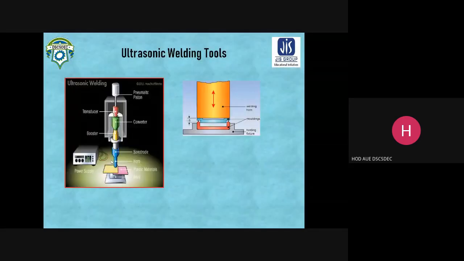Now we can move on to the discussion of the equipment and tools used in ultrasonic welding. We'll start from the generator. I was speaking about that earlier: the electrical energy is converted into mechanical motion.